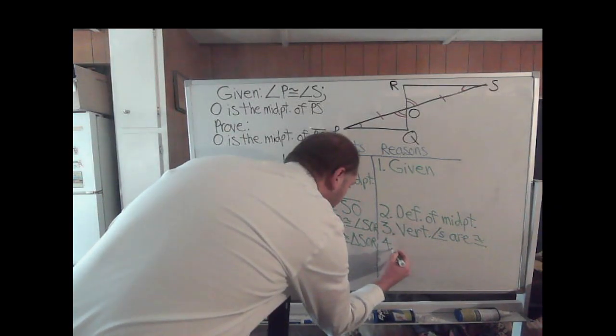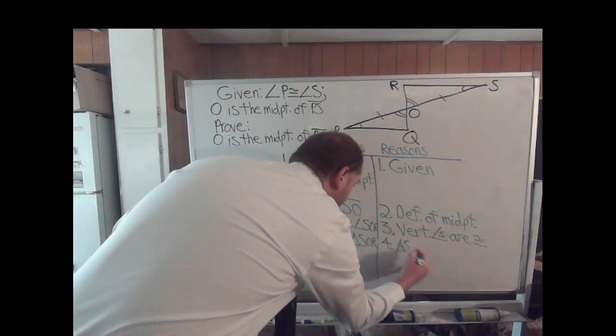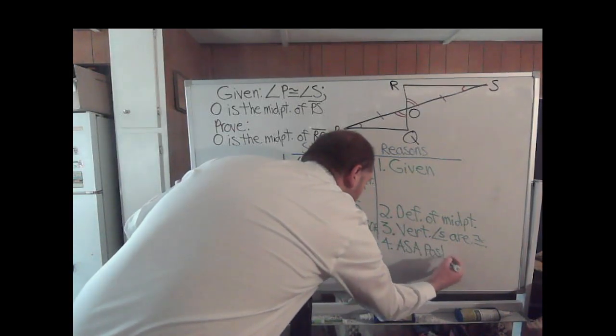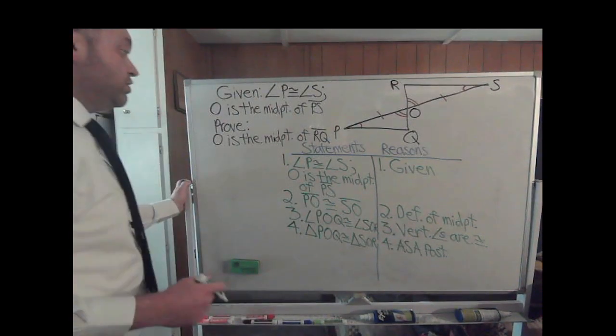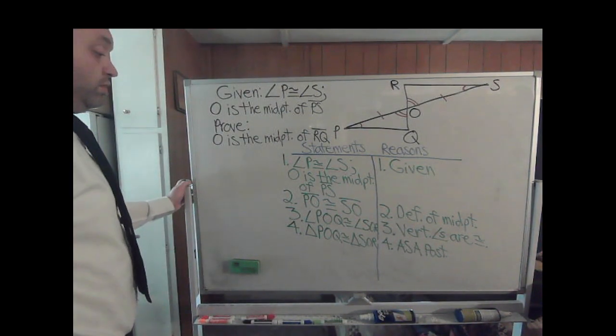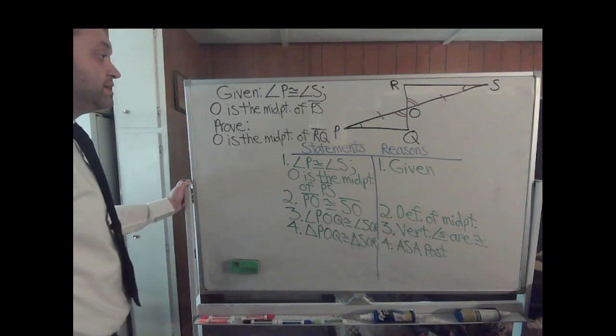That's going to be by the angle, side, angle postulate. So we've proven that the triangles are congruent. There's just one more thing now. Well, there's two more things.